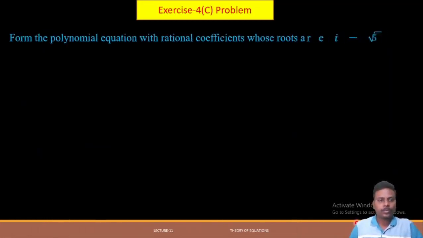Let us discuss one more problem here. Here is our next problem. Form the polynomial equation with rational coefficients whose roots are i minus root 5. Okay. So let us try to solve this problem. Here is the solution.